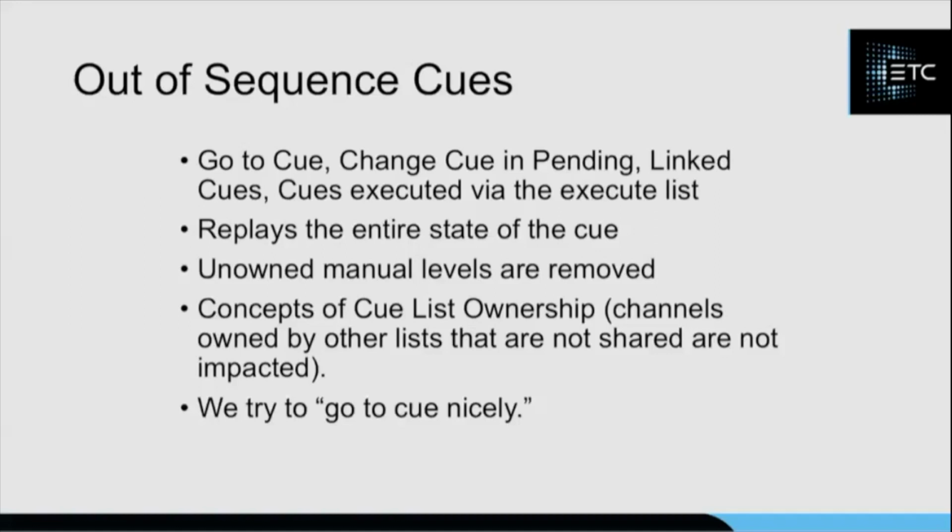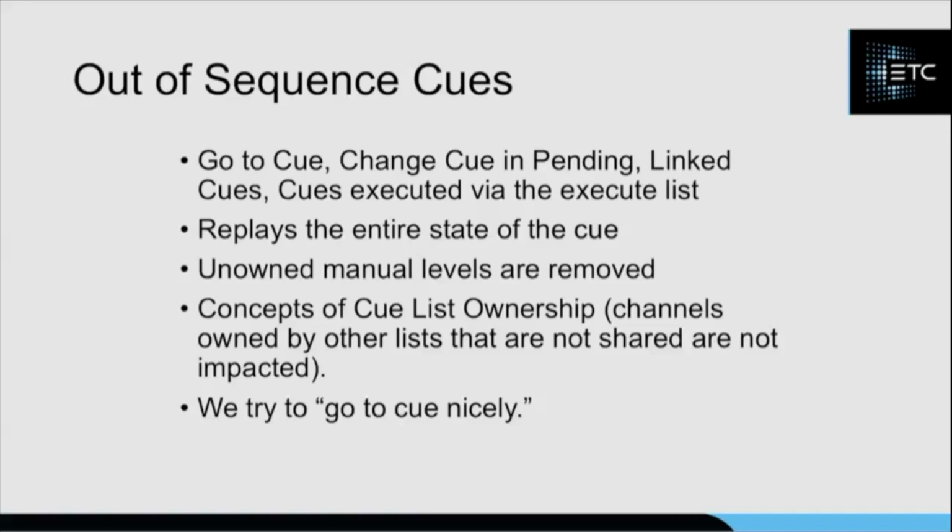If I do an out of sequence move on one queue list, if I don't have any channels shared between the two, any manual overrides of the second queue list are completely not impacted. So if I've got stuff in my secondary queue list that I've manually changed, and I do an action on the other queue list here, it's going to leave those manual levels intact.